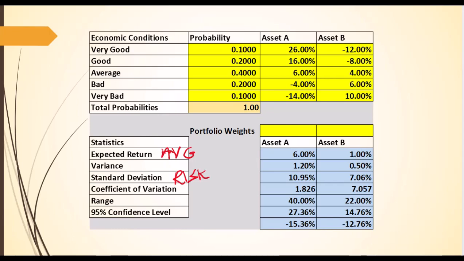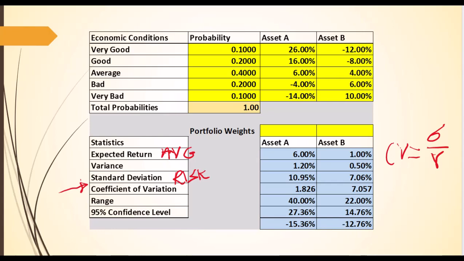We also have a statistic called coefficient of variation. This is useful in trying to make some comparisons. Coefficient of variation is the risk for every unit of return. So for every 1% return, how much risk do we have? And what you find here is that the coefficient of variation for A is 1.8, and the coefficient of variation for B is 7.05.